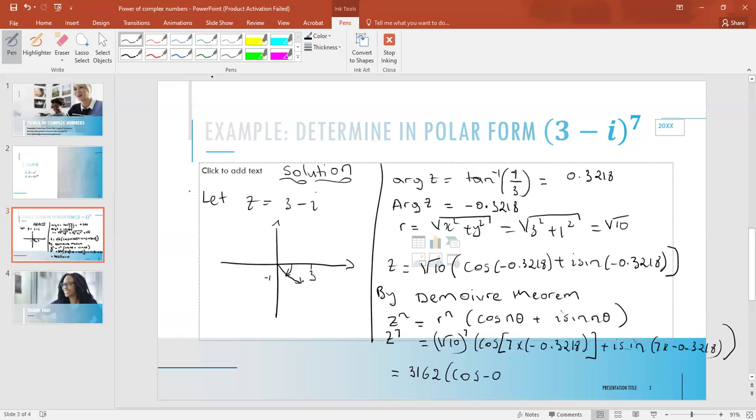After multiplication, we're going to have minus 2.2526, plus i sine of minus 2.2526. And that is the final answer.